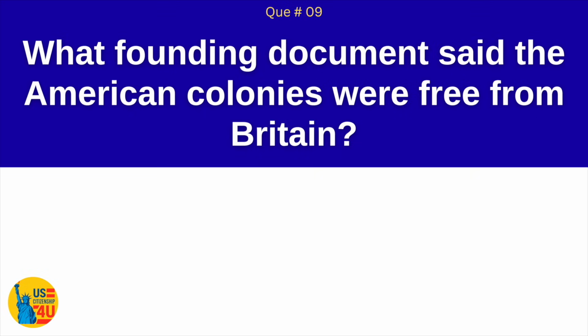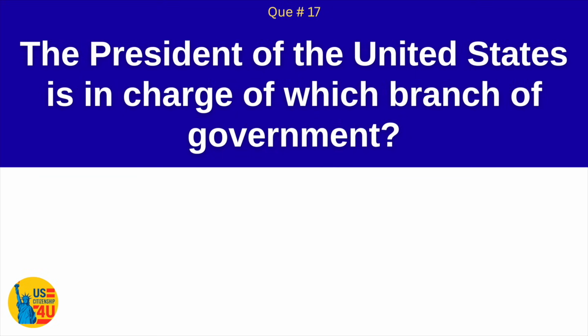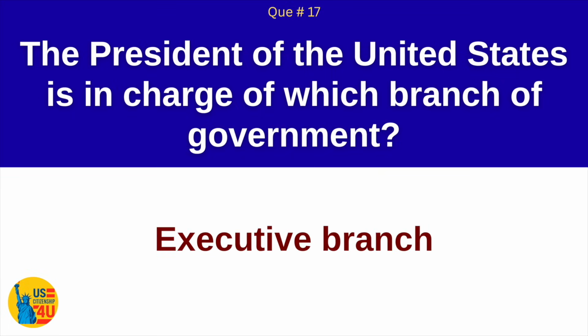What founding document said the American colonies were free from Britain? Declaration of Independence. The President of the United States is in charge of which branch of government? Executive branch.